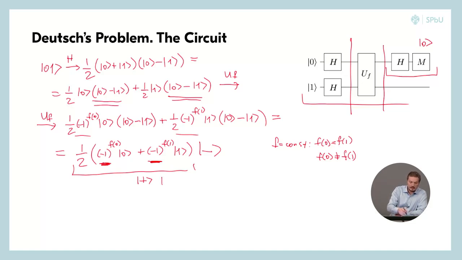And we have here vector minus. And after Hadamard, it will be 1. So for a constant function, we get 0 in the input register. And for a balanced function, we get 1. So we can easily distinguish them. And we still don't know which function stays here in this quantum black box, so we don't get this extra information, and we obtain the result because we query this oracle only once.